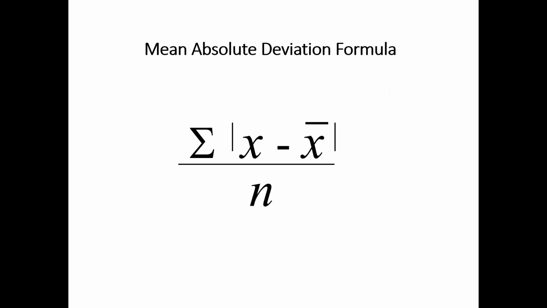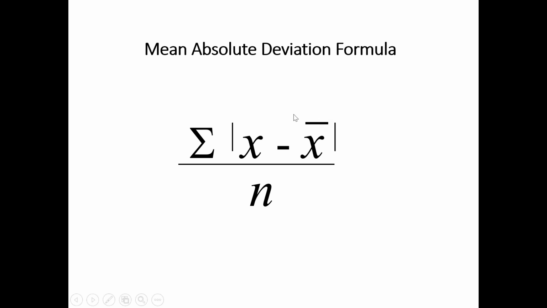Now coming to the next concept, the mean absolute deviation formula. What does it mean? This symbol gives you an indication of a summation, and in this bracket we have x bar, which is the mean value, and x is the value of any other person in the particular population or sample.